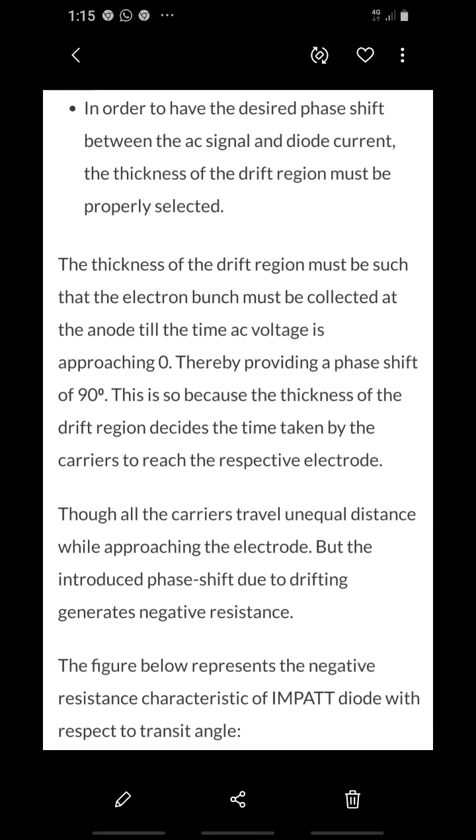This is so because the thickness of the drift region decides the time taken by the carriers to reach the respective electrode.